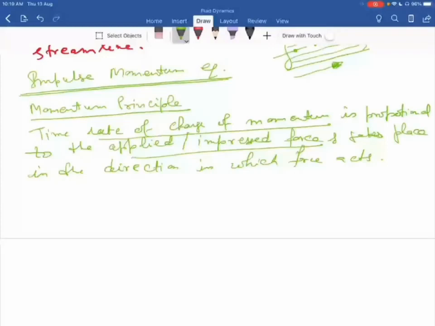So this is the momentum principle. If I write it in the form of an equation, we can write F = d/dt of momentum, mv.